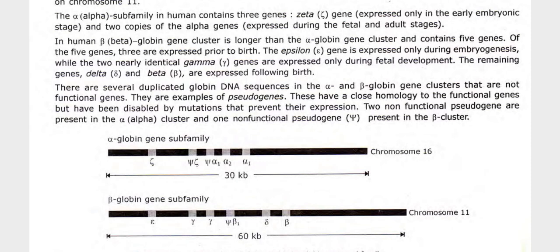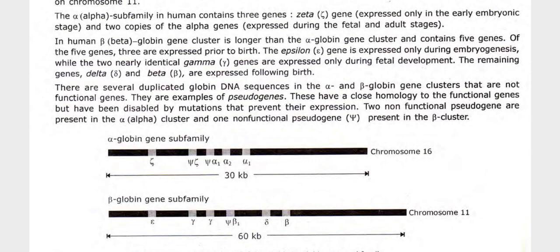So the beta chain cluster is longer and contains 5 genes. Of the 5 genes, 3 are expressed prior to birth. The epsilon is expressed only during embryogenesis, while the 2 nearly identical gamma genes are expressed only during fetal development. The remaining genes, delta and beta, are expressed following birth.